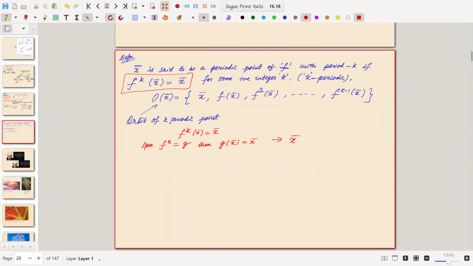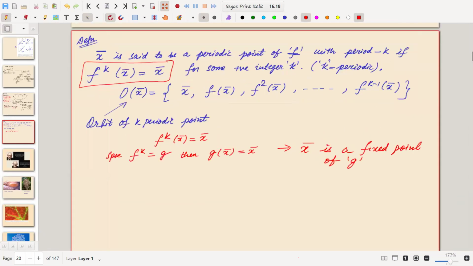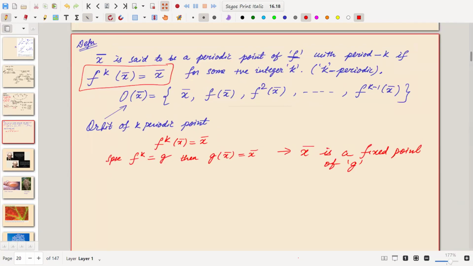So it rings that x bar is a fixed point of g. And what is g? g is nothing but f^k.